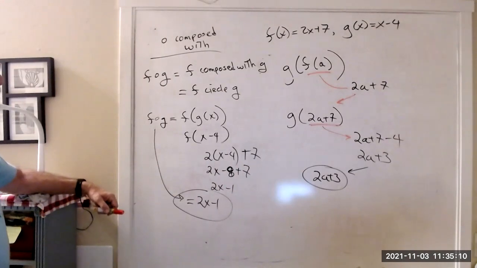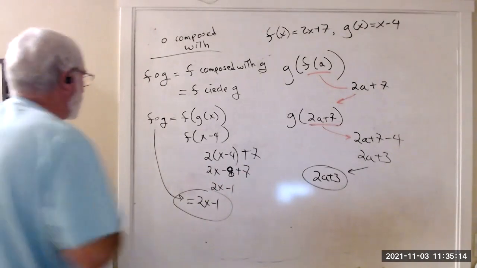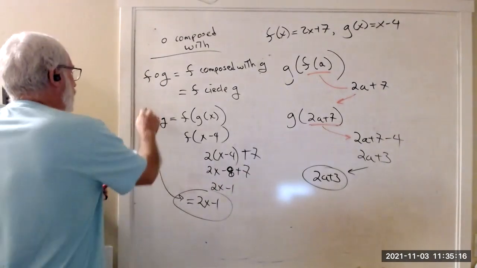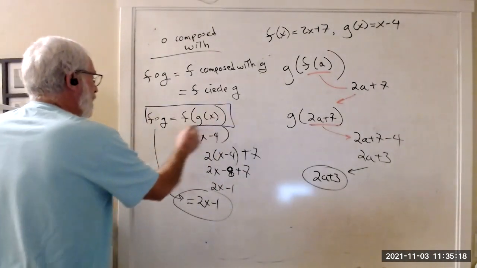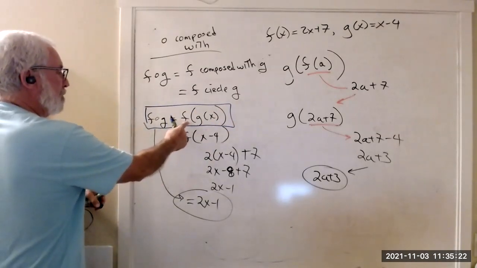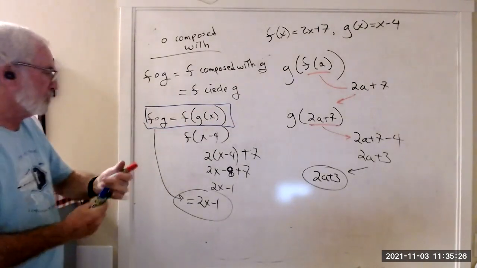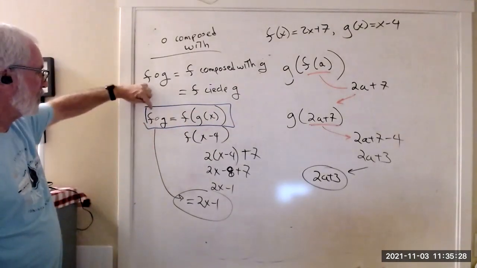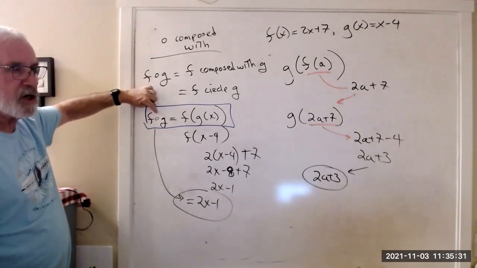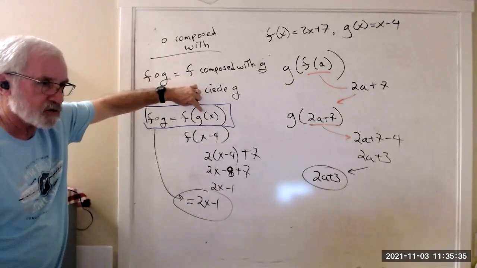F circle G. This is something you do need to know. When I give you F circle G or F composed with G, you're going to want to rewrite it in more standard notation. Remember, I told you, mathematicians are lazy. They invented this circle notation, and it means exactly the same as this notation.